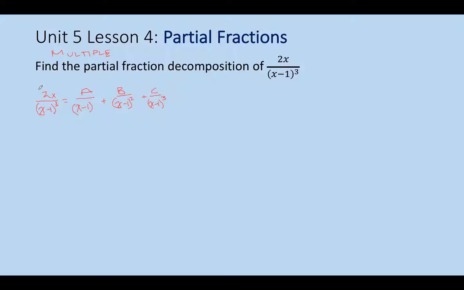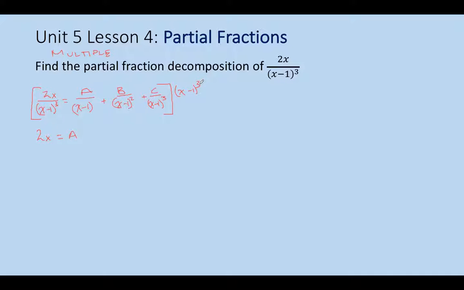So, again, here's what we're doing. Step number 2 was go ahead and multiply through by your denominator, so x minus 1 cubed. When I do that, clearly it would cancel this out, and I'd just be left with 2x. And then over here, I'd have a.